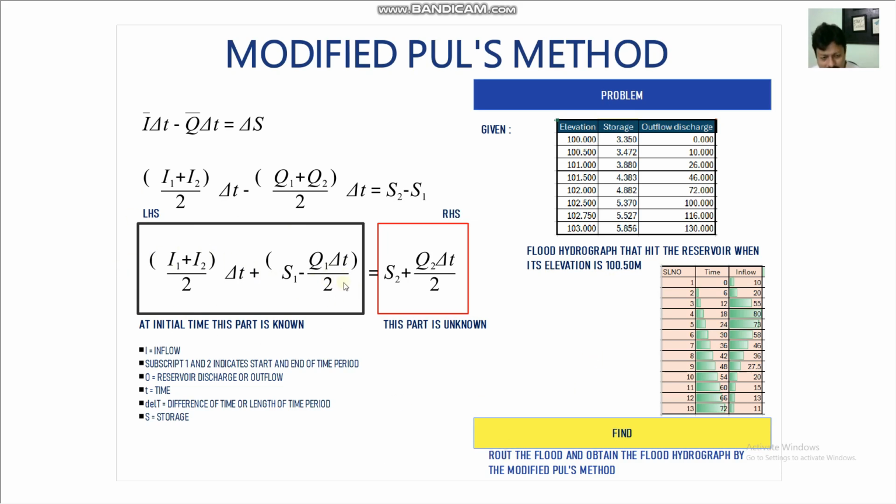1 indicates the starting time and 2 indicates the ending time. If you consider the period, 0 is the starting time, 6 is the ending time. 6 is the starting time for the second one, 12 is the ending time, like so on. I have given lots of examples for that. The unknown is the RHS side, S2 plus Q del T by 2.